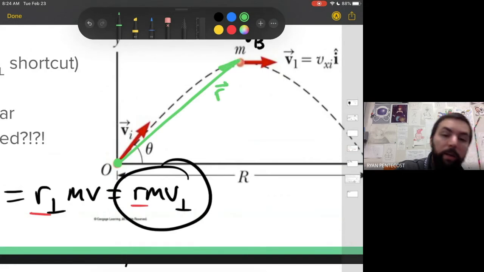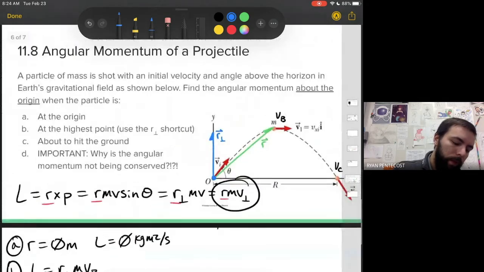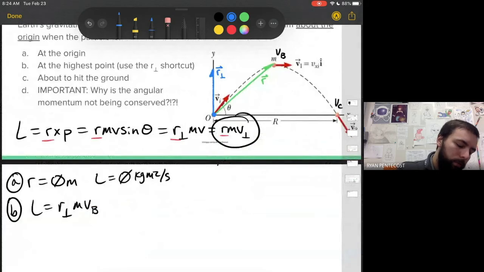That is our radius vector. What we are going to use is this perpendicular radius vector. So let's say R perpendicular is your delta Y.